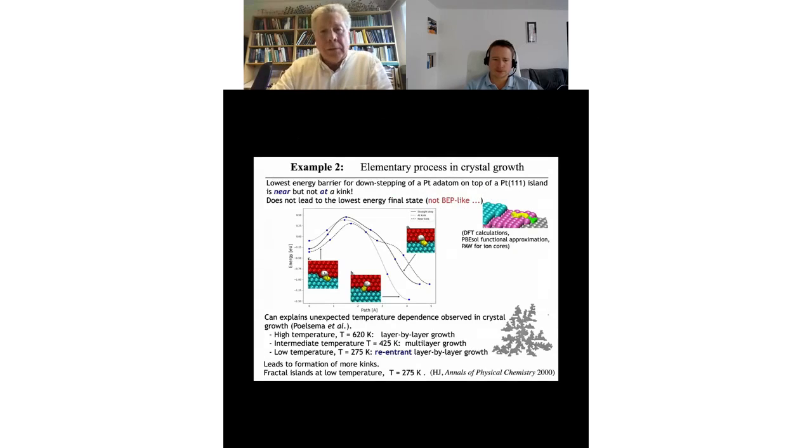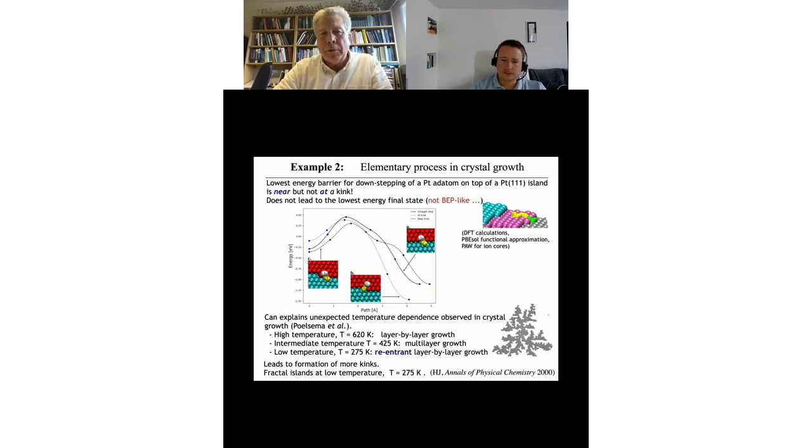And we find that there are downstepping events near, but not at, kink sites. It's shown here in the inset C. And it's really counterintuitive that this two-atom concerted exchange mechanism occurs close to, but not at, the kink site.